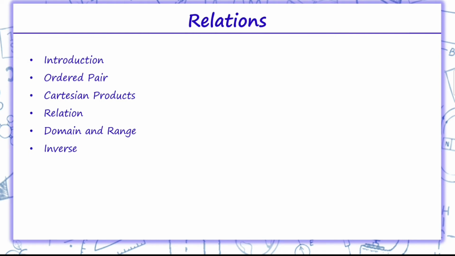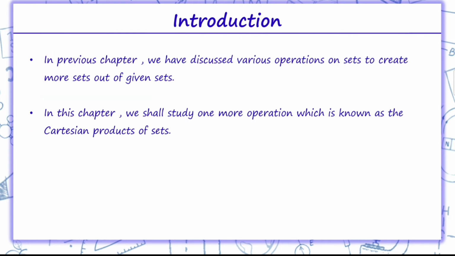Today we are going to study the first part. In the first part we'll learn the introduction, what is a relation, then we'll study ordered pairs and then we'll study Cartesian products. Once we know all these things, then we will be able to solve the other things.